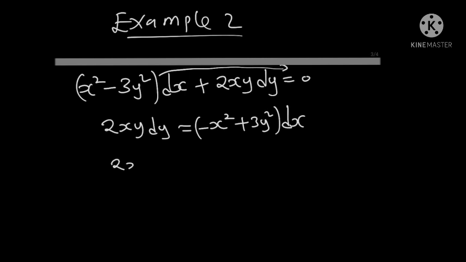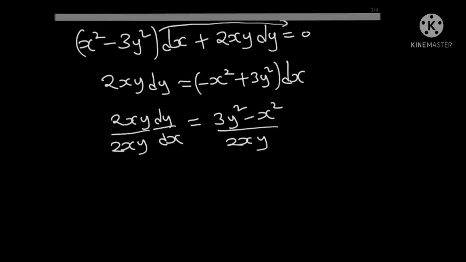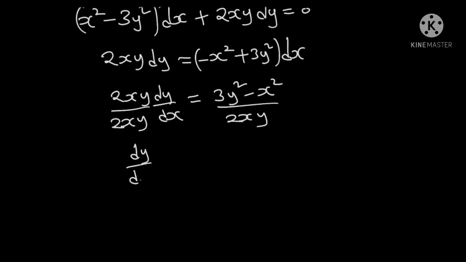So we have 2xy dy over dx equals, we can rewrite this as 3y squared minus x squared. Now, we can divide by 2xy. So we have dy over dx equals 3y squared minus x squared over 2xy. Now, this is the standard form of a differential equation.